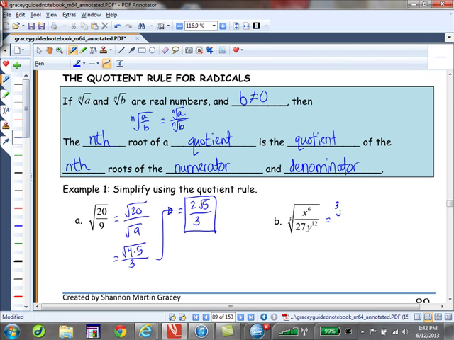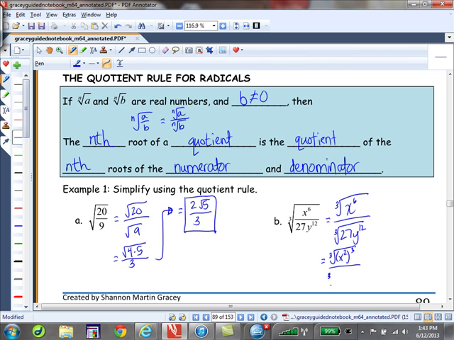So this is equivalent to the cube root of x to the 6 over the cube root of 27y to the 12th. This is equivalent to the cube root of x squared cubed. Remember, I want perfect cubes. So when you raise a power to a power, you multiply.